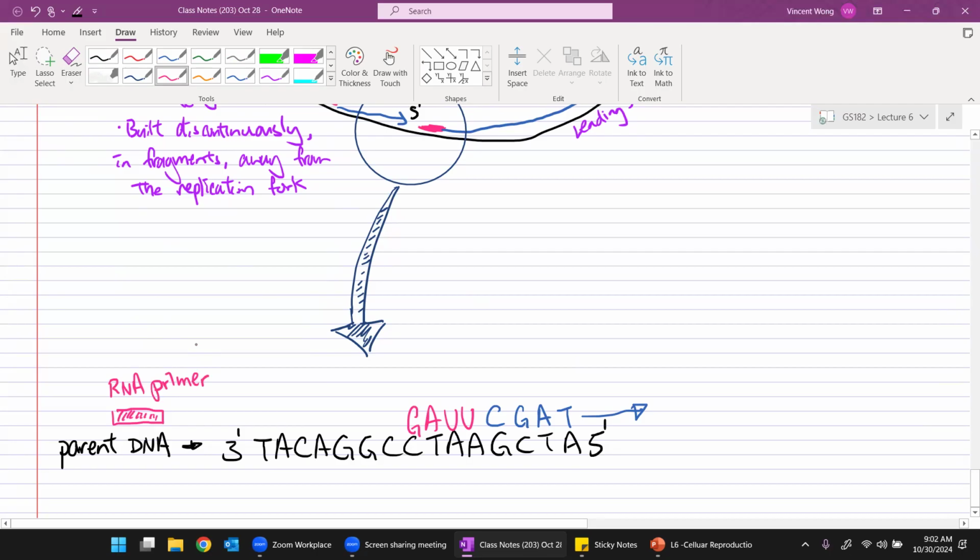Now this part is really hard for me to show. I'll try. Okay, what first, and then you copy after. RNA primer, right?